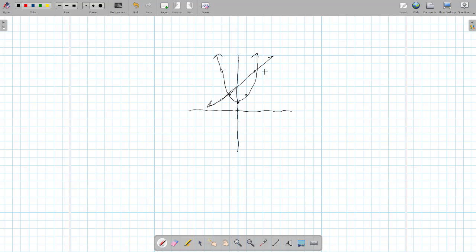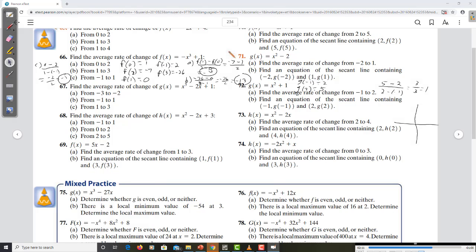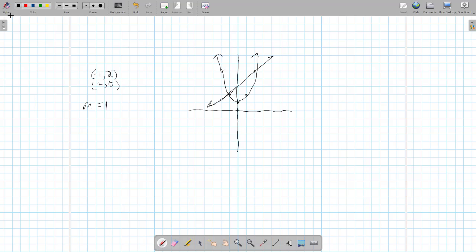So we already have 2 points on the line, so it's actually pretty easy to find the equation of the line just using stuff we did back in 2-3. So we know we had the point -1, 2, and we had the point 2, 5. So then our slope came out to be 1. Slope came out to be 1 indeed.